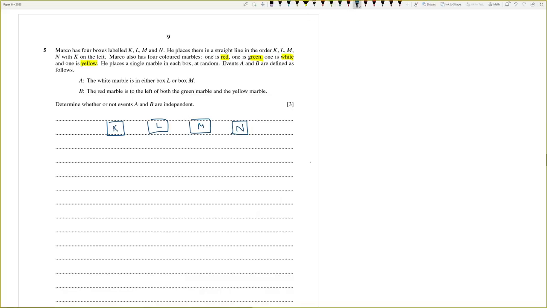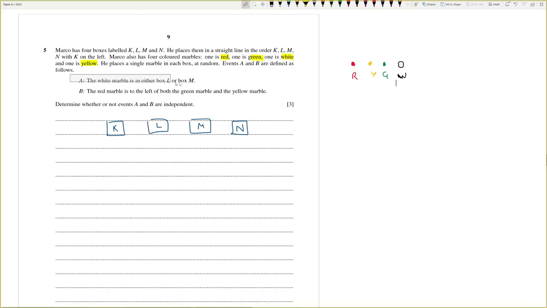We basically have a red marble, a yellow marble, a green marble, and a white marble, which I can't really draw over here. But wait, let me do this. We have this white marble over here. Okay, this is our white marble.